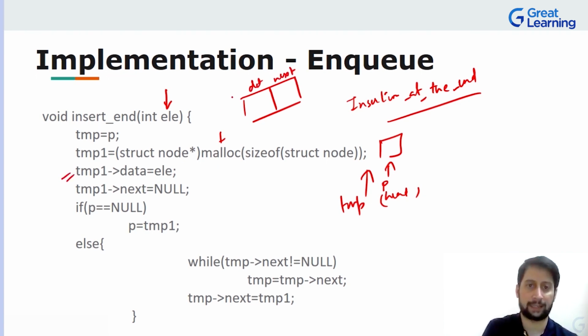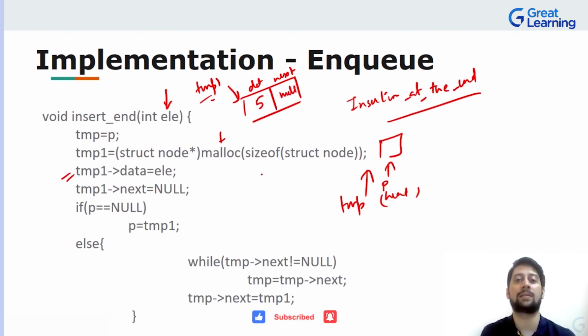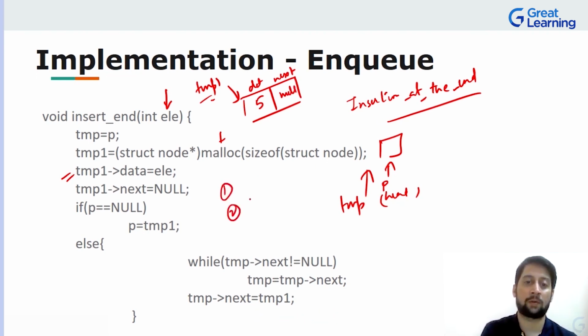And TMP1 is pointing to this new node that we just created. The data part is the element. Let's suppose 5, we want to insert a 5, and the next part is null, and it will always be null because we are inserting at the end. Now there will be again two scenarios which we have already seen.